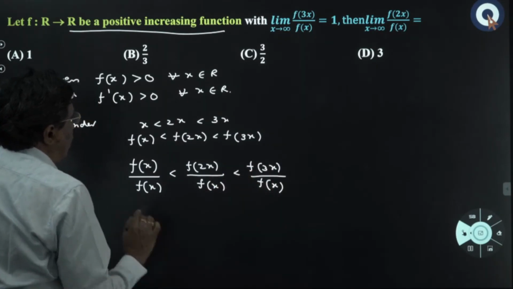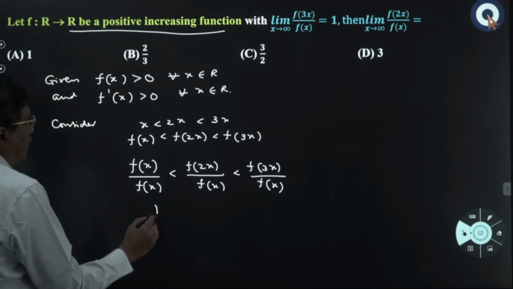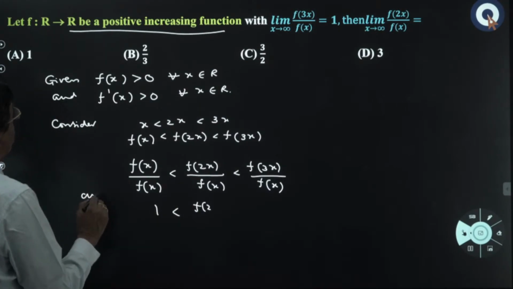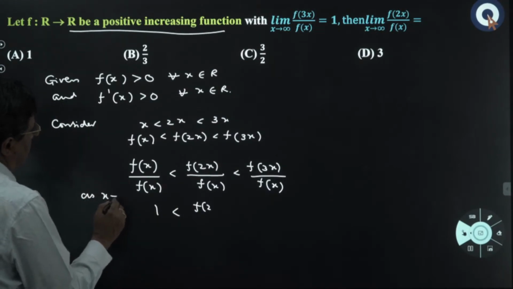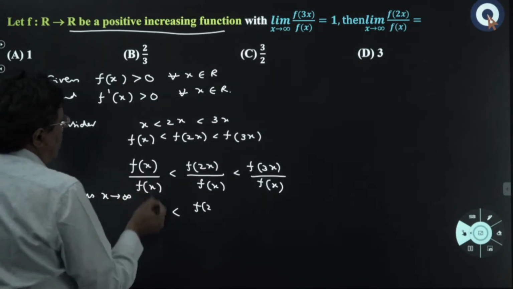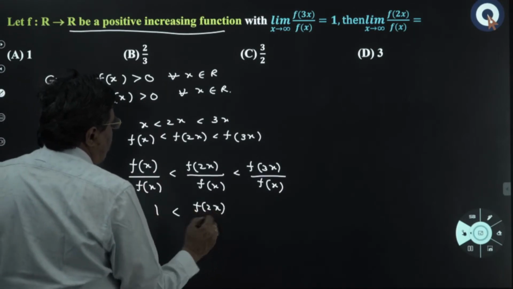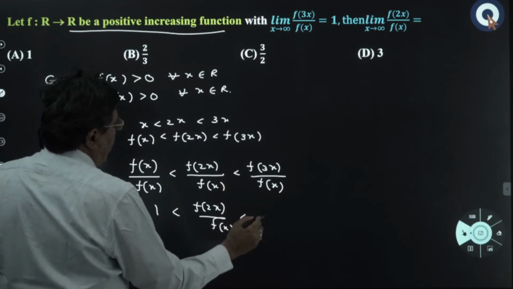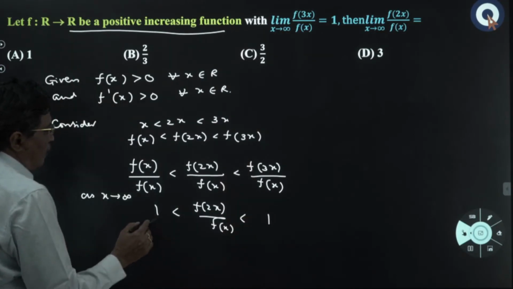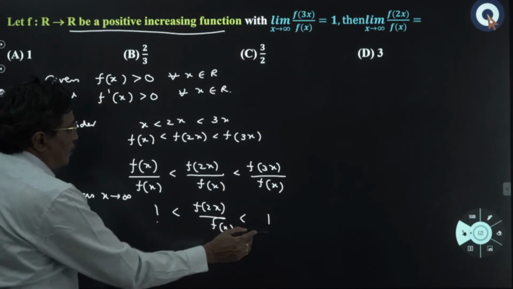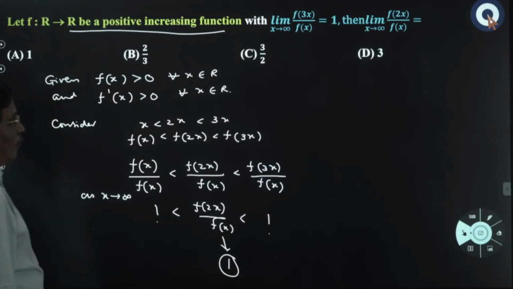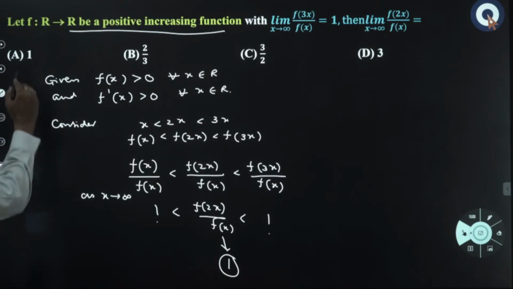So now this is 1 as x tends to infinity. Anyway, this is f of 2x by fx, and as x tends to infinity, this is given as 1. So by sandwich theorem, as this goes to 1 and this goes to 1, this also has to go to 1. So the required answer is just 1.